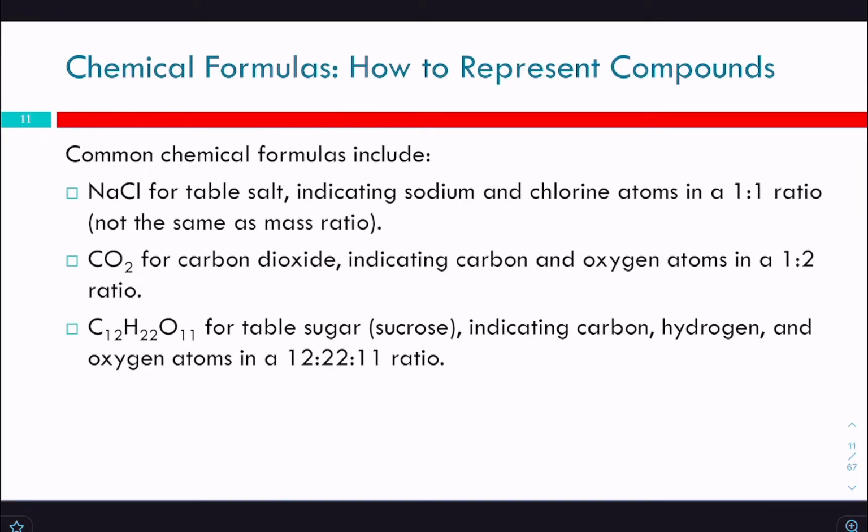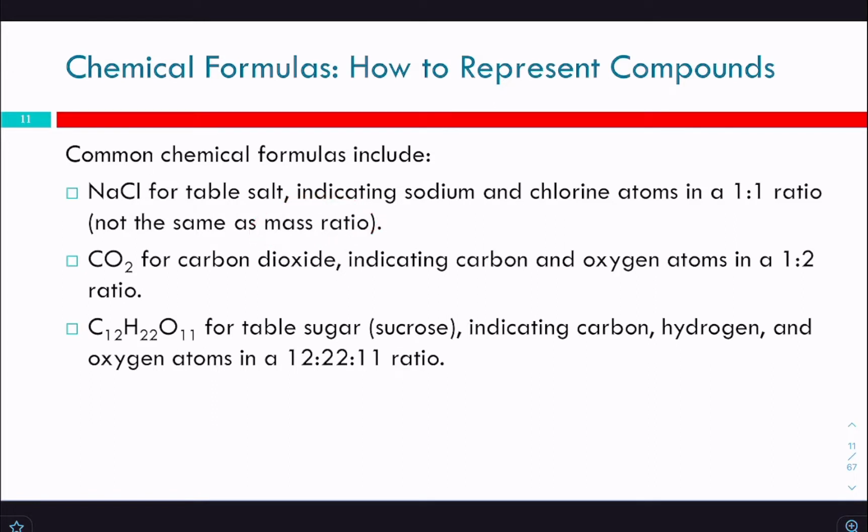So some common formulas. You probably see salt a lot. Sodium chloride, so sodium chlorine. It's table salt, and it's indicating that we have sodium and chlorine atoms in a 1-to-1 ratio. And so for every sodium, there's 1 chlorine. And this is different from the mass ratio because some atoms are bigger than others.